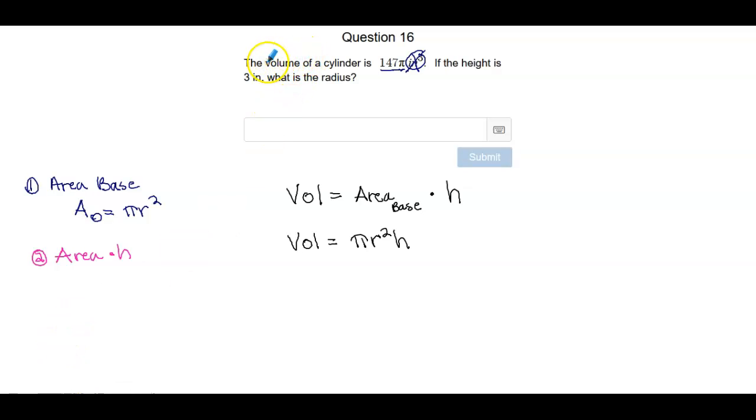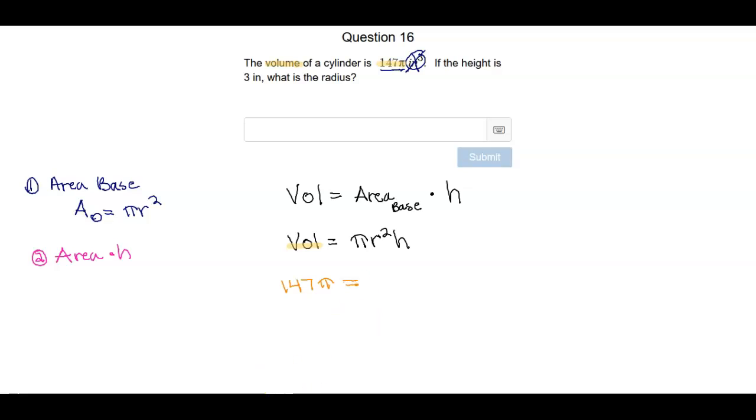So up here it says the volume of a cylinder is 147 pi. And so we're going to take that information and put it into this position right here. So we have that the volume is 147 pi.